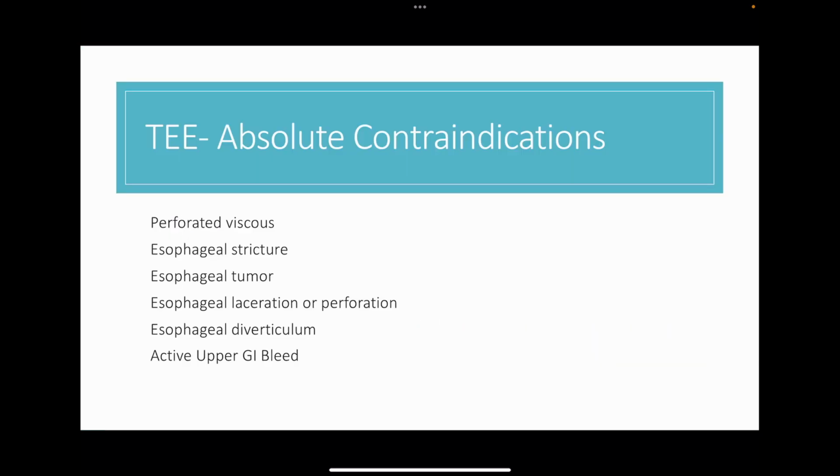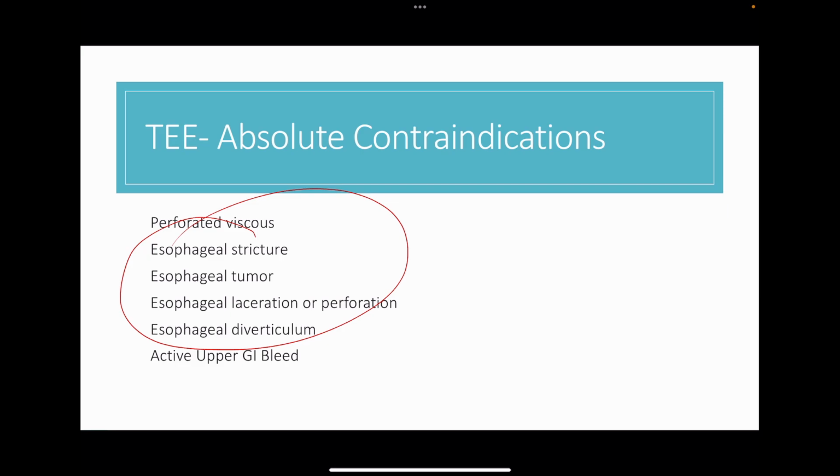Absolute contraindications of when you cannot do a TEE. Obviously, it has to deal a lot with the esophagus because we have to go through the esophagus and down the esophagus to do these things. And if they have any of these problems, stricture, tumor, any history of a lack of their esophagus, don't do a TEE because you can perforate it and cause more problems.